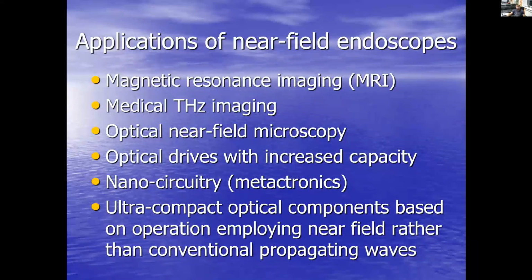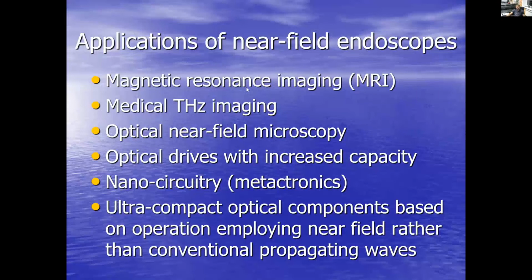So this is one of the last slides. Again, you remember that we are back in time, so it's 2008. So Alexei Slobozhenyuk had not yet done his first experiment in MRI, and even Christophe Crayer with Radu hadn't started their experiments in MRI. So we guessed that these near-field endoscopes may find some applications in magnetic resonance imaging.